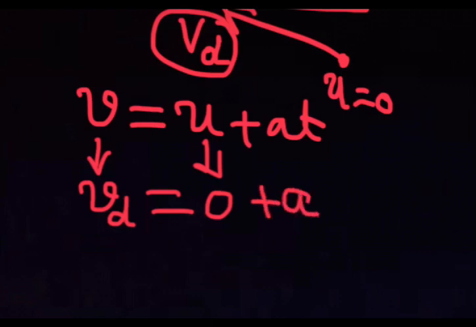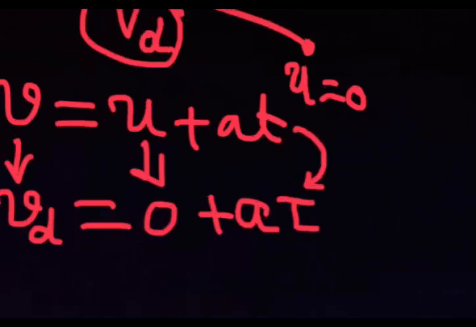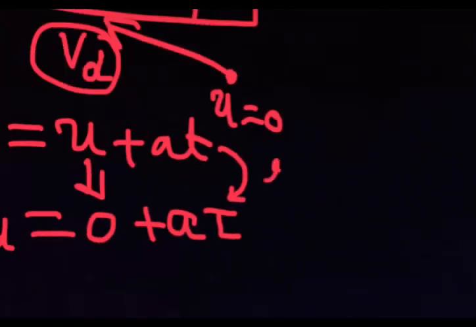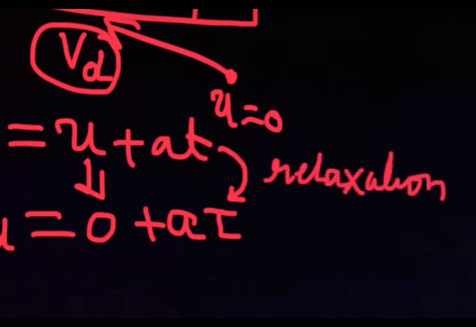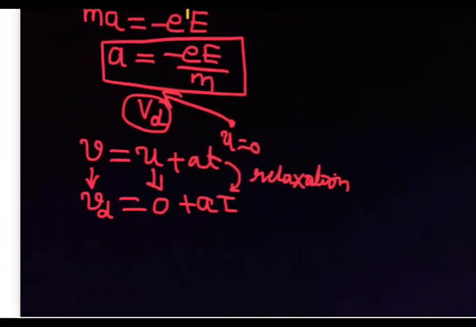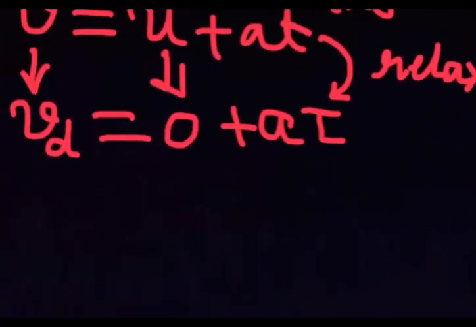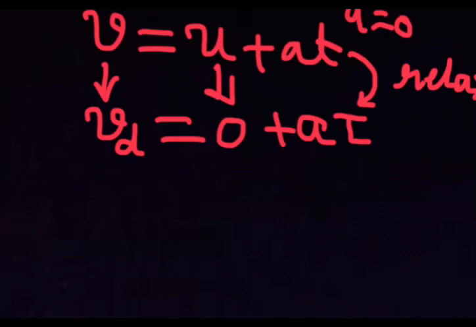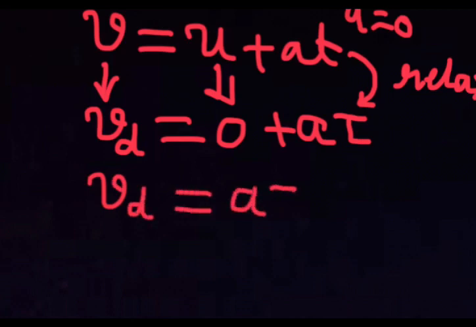Here, the average time between two successive collisions is called the relaxation time. It is represented by tau. Therefore, from this equation, the drift velocity is equal to acceleration into relaxation time.